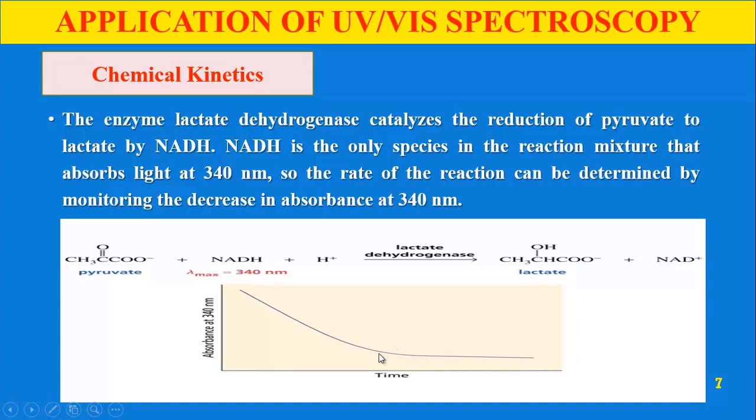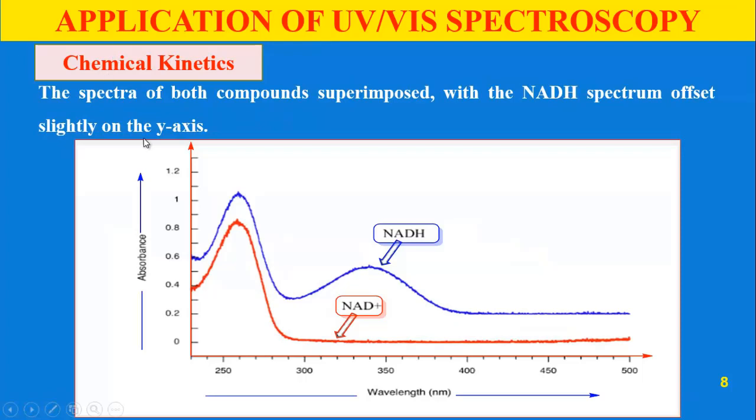When it goes constant, we stop the reaction, meaning no more change takes place from pyruvate to lactate. So chemical kinetics can be studied by using UV visible spectroscopy. This is also shown by the graph. Here the NAD plus is shown by the straight line, and this shows the NADH as a reactant.